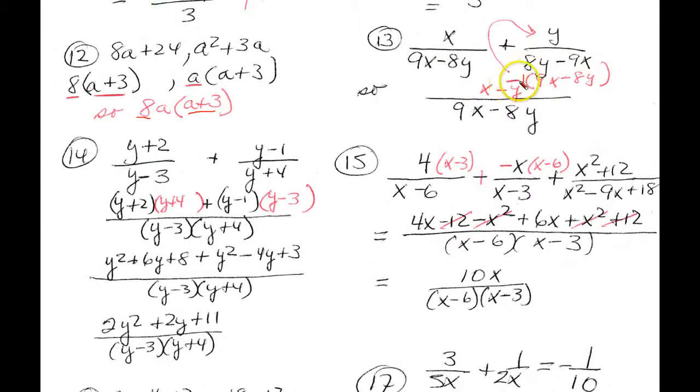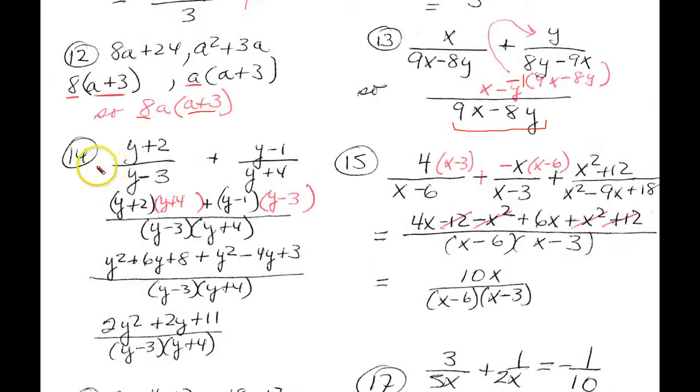Now I can take this negative sign, which is in the denominator, and move it up to the numerator. That's what I've done, because there's only one negative sign somewhere. Here it is outside. I could put it by the bar, or I could put it by the y up in the numerator. That's what I chose to do. So now I have x minus y all over my common denominator. This one's sort of tricky and not too bad though.